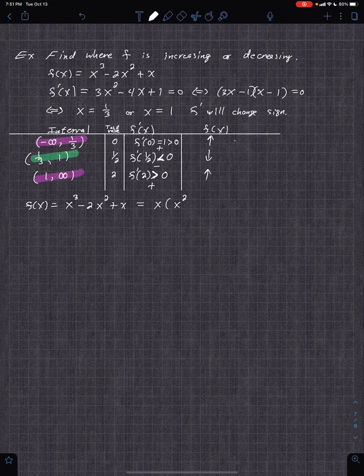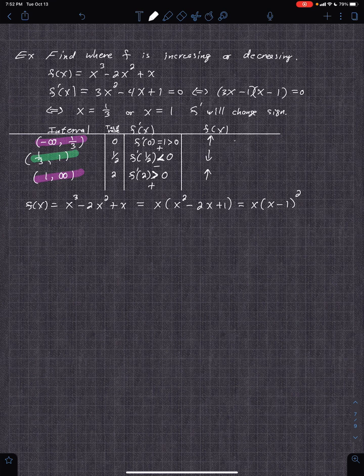You get x squared minus 2x plus 1, and you can see that easily factors. That's a perfect square trinomial. That is x minus 1 quantity squared. So there's a double root right there.